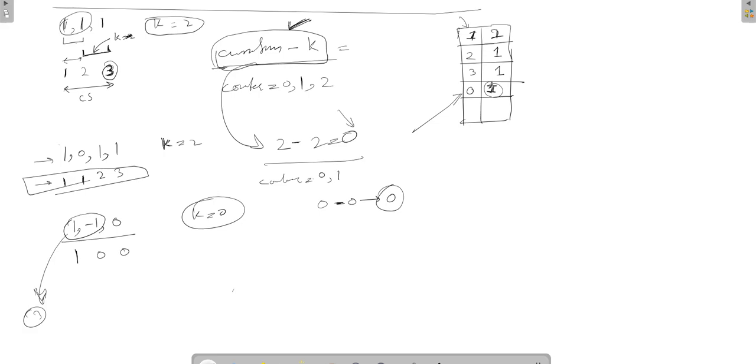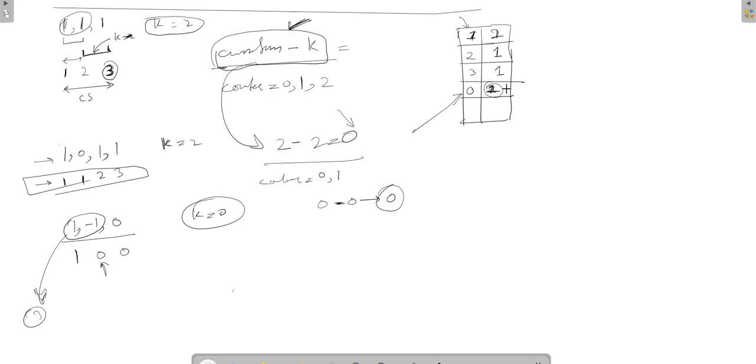So here is what is going to happen. When it is here, it is going to increment by 1, and then this would be updated to 2 because now we found another 0.